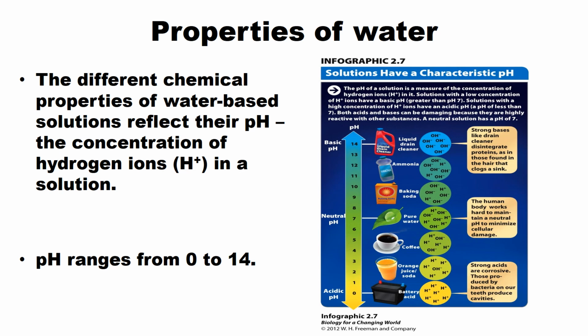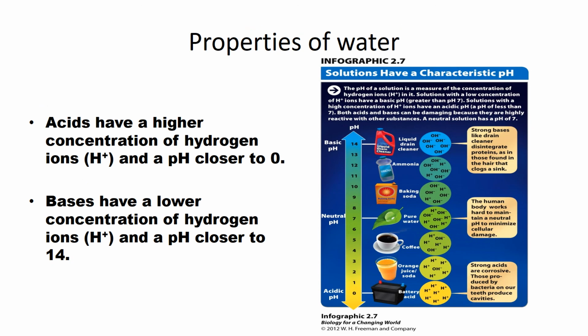Again, water acts as a buffer system to ensure that the pH of the blood is close to 7, or basically neutral. So water can act as an acid or a base. Acids have a higher concentration of hydrogen ions, and on the pH scale, they are closer to 0.